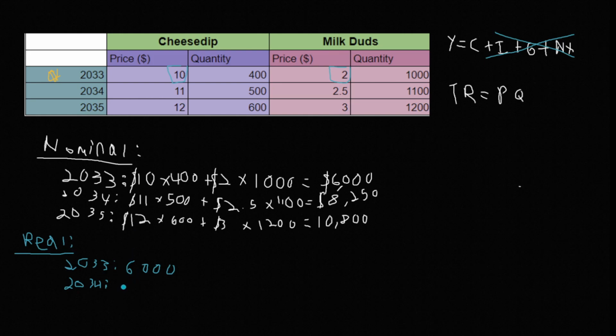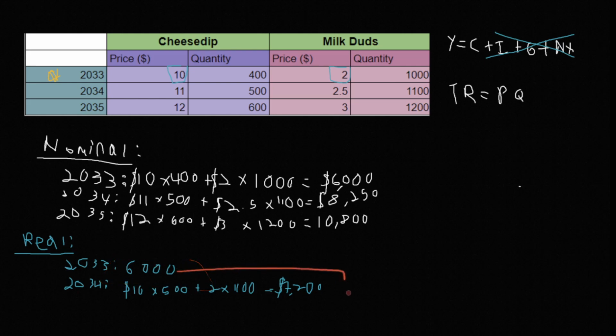So for the cheese dip, we're going to say 10 times 500, and then we're going to say 2 times 1,100, which will be 7,200 dollars.